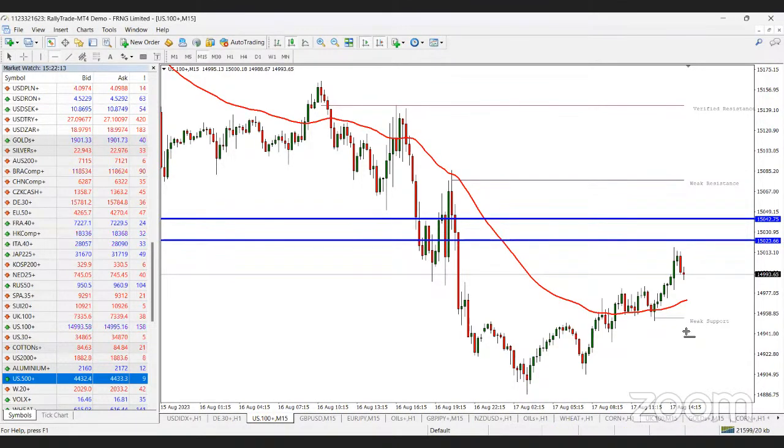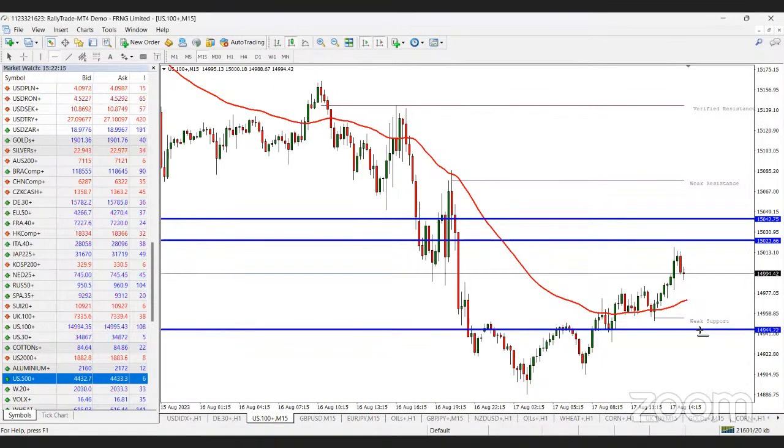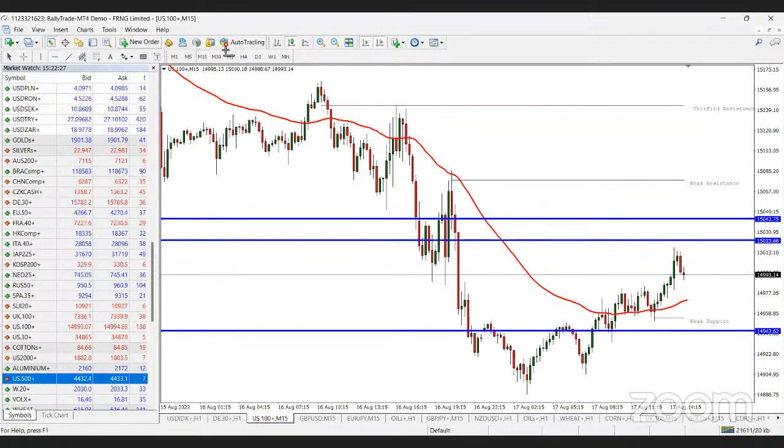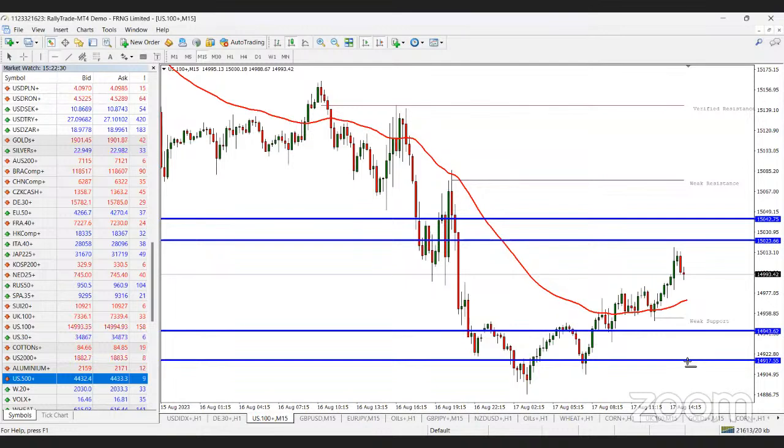The only way I'm going to consider selling US 100 is if it breaks below this week's support. If somehow US 100 breaks below 14,940, then I can expect it to sell and test today's low. At least if it breaks below 14,940, I can sell it till around 14,915.